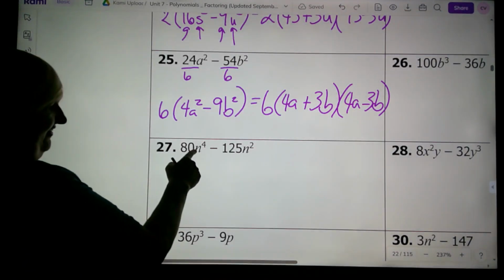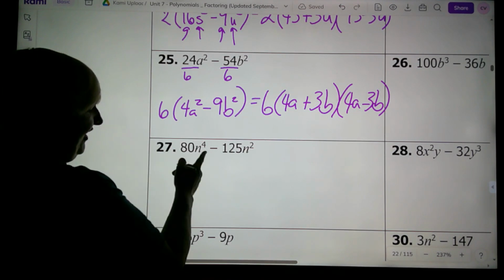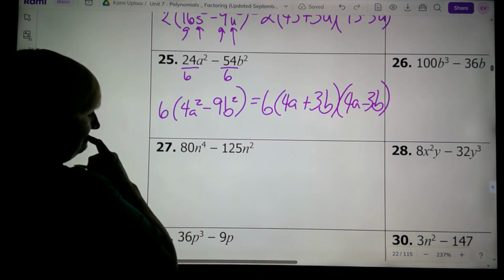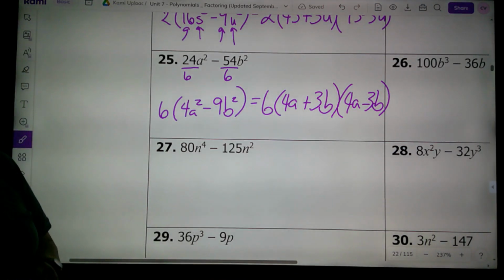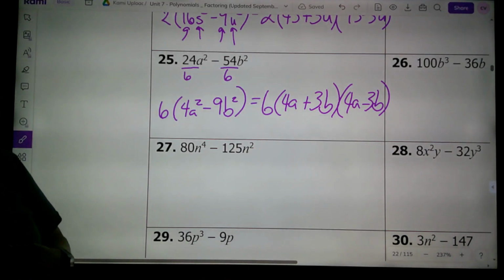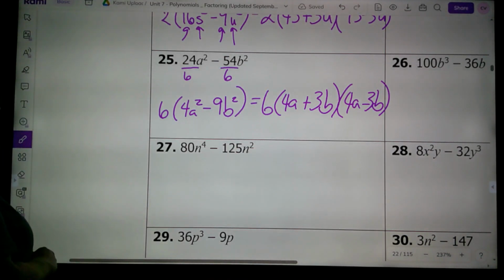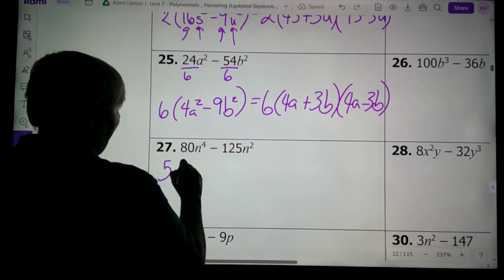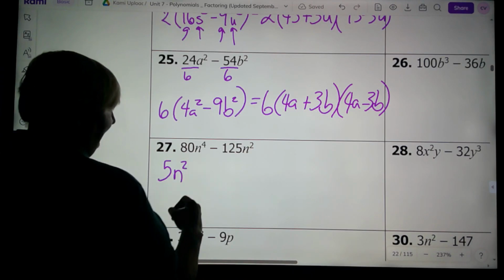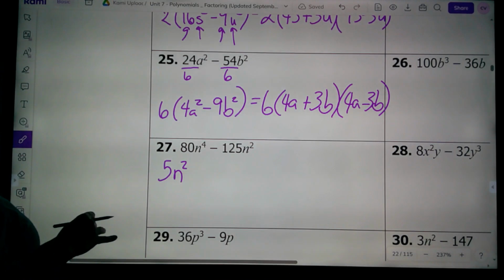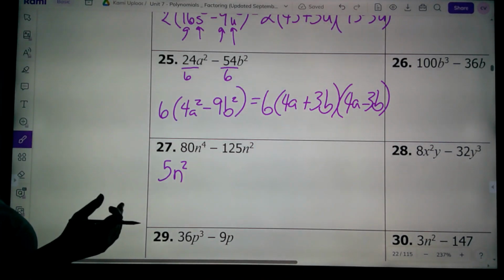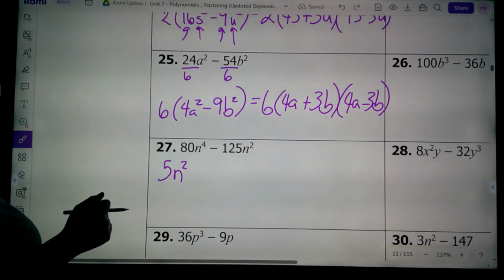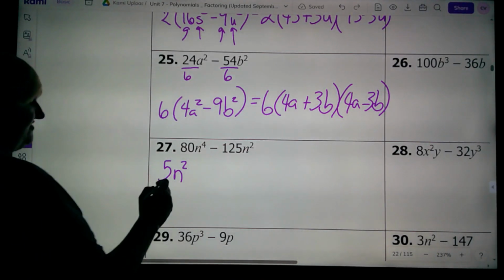Greatest common factor. 5? No. They both have n's. They both have an n squared. So 5n squared. If I take 5n squared out of both, 80 divided by 5 is 13? No? 16. I think it's 16.